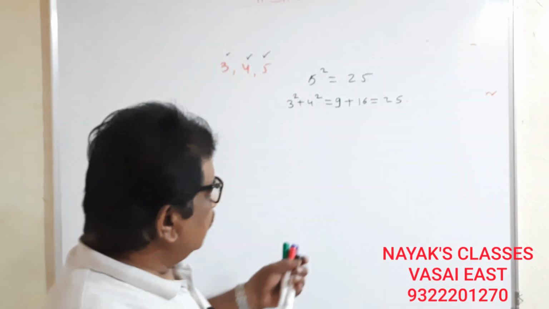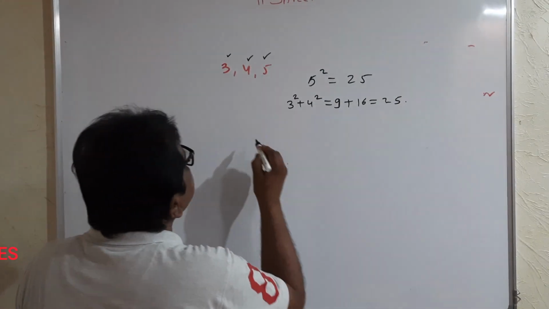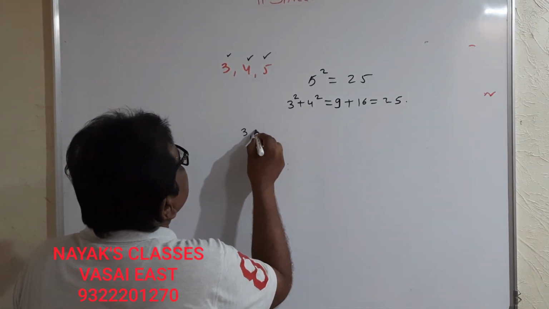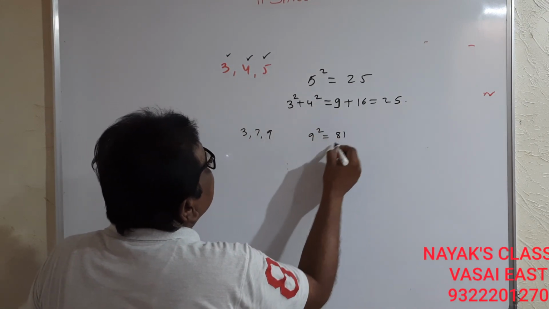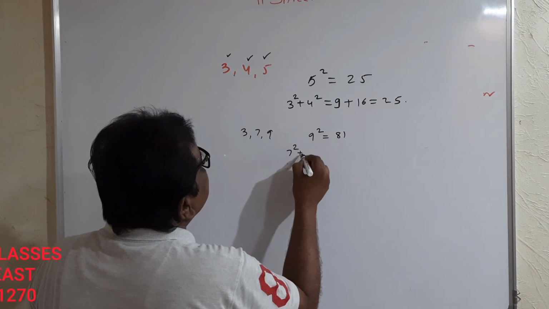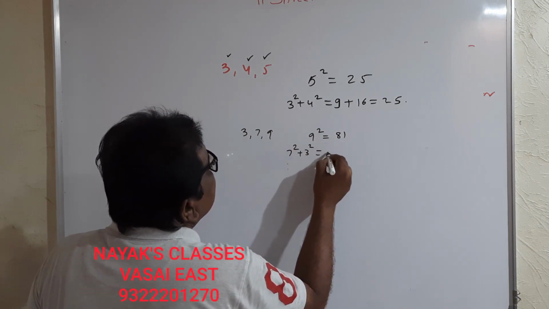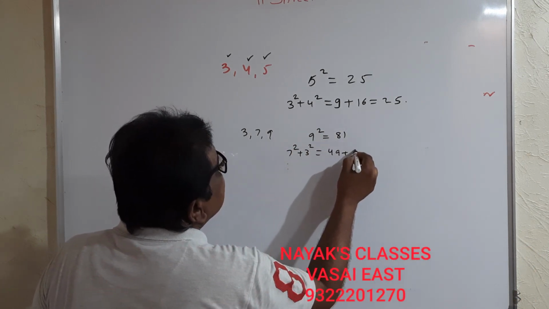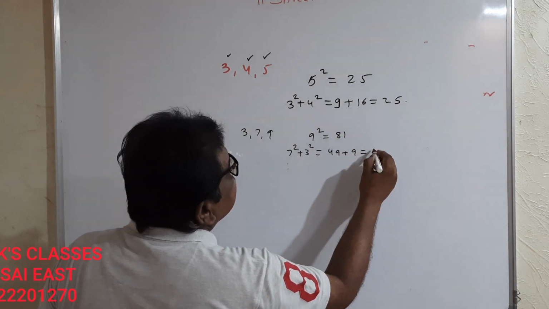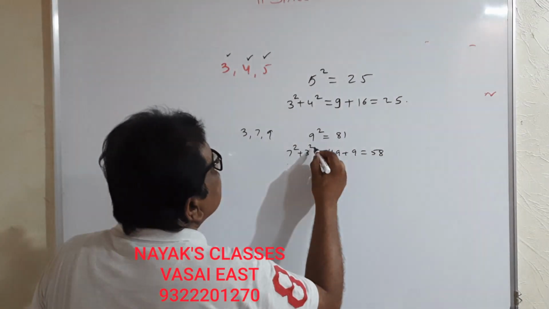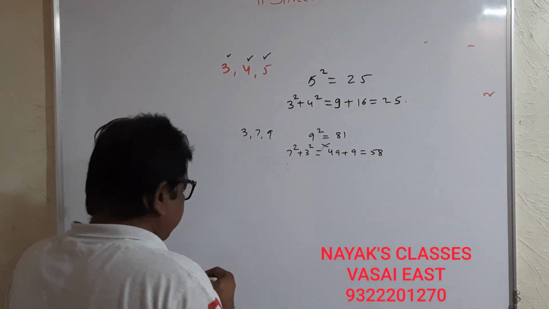If they are not following this condition, say 3, 7, 9: 9 square is 81, and 7 square plus 3 square is 49 plus 9, which is 58. So this is not a Pythagorean triplet.